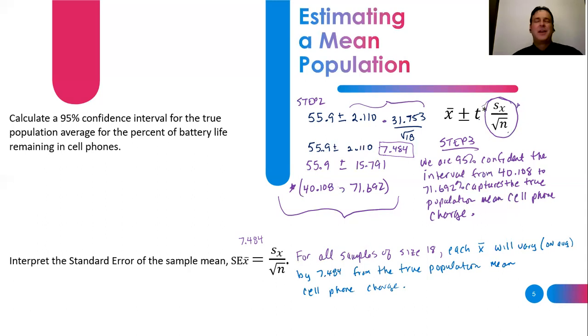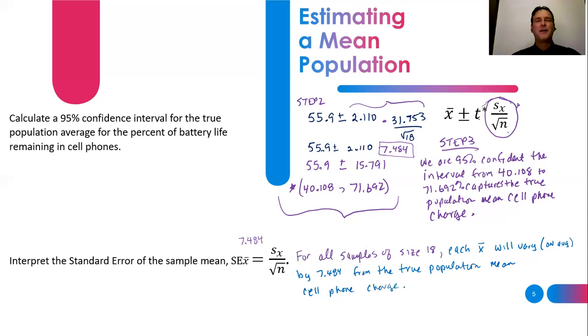Here's the idea. Every group of 18 people who have cell phones will give you a different X bar. So the 18 that we chose from fifth hour, that was one X bar. Someone else, maybe yourself, could go do a random survey and get 18 different people. You're going to get a different X bar. Everybody's going to get their own X bar.